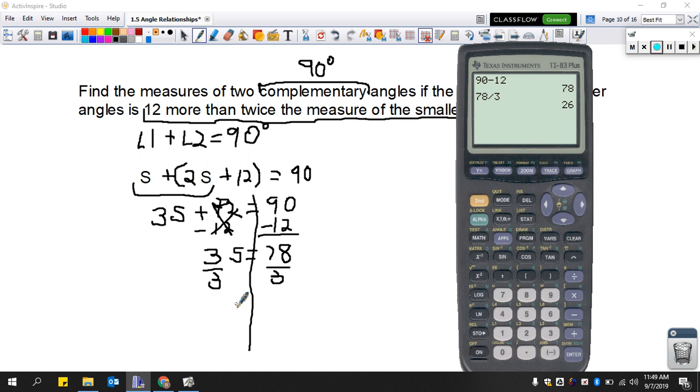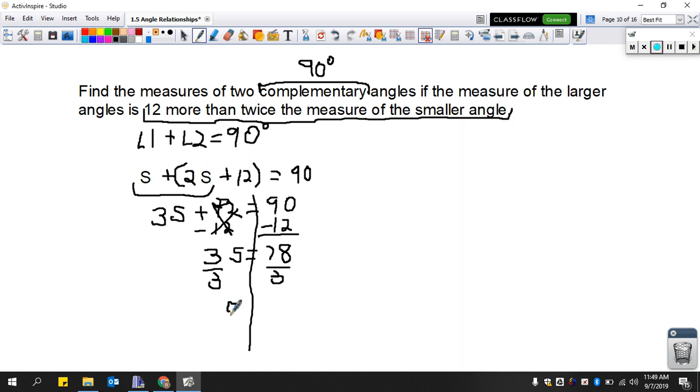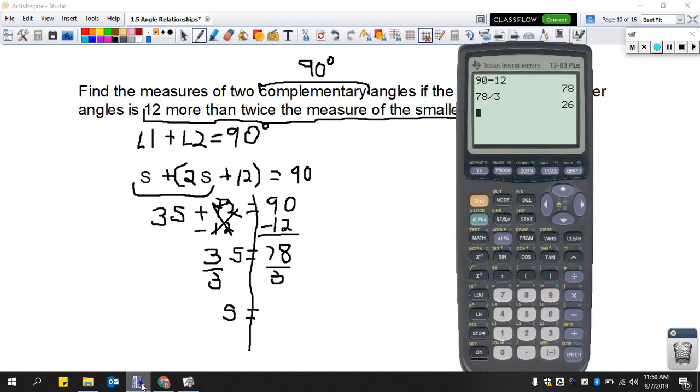So the measure of our small angle is 26.